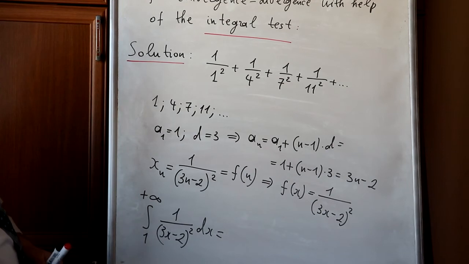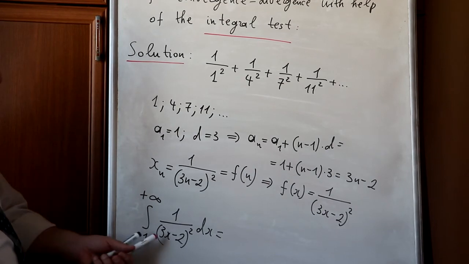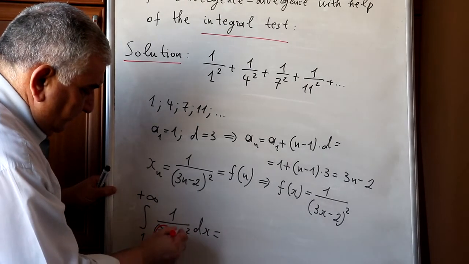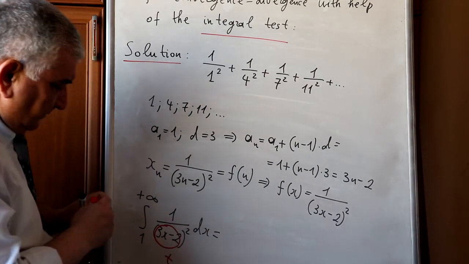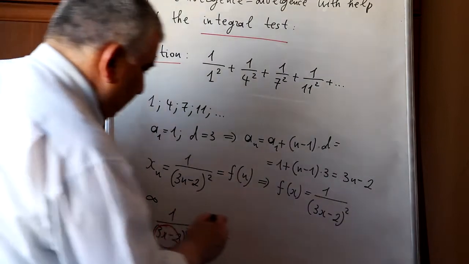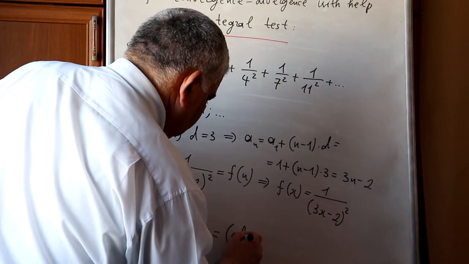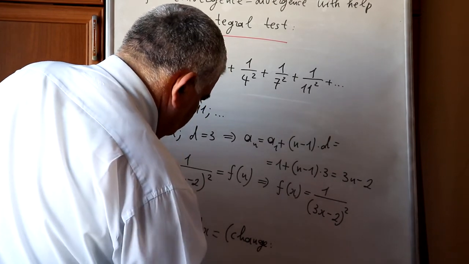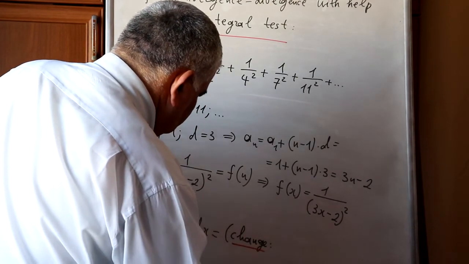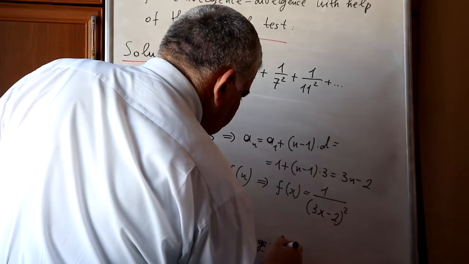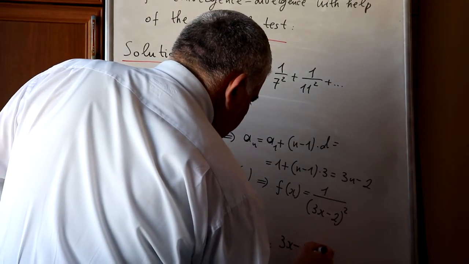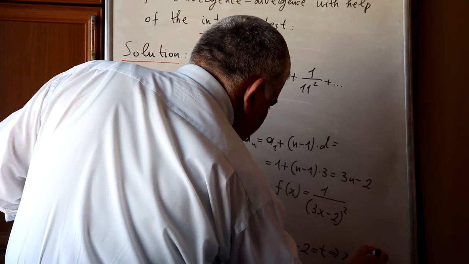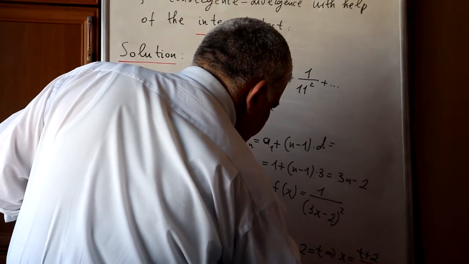Here we can change 3x minus 2 by new variable t. Right change: 3x minus 2 is t, and x is t plus 2 over 3.